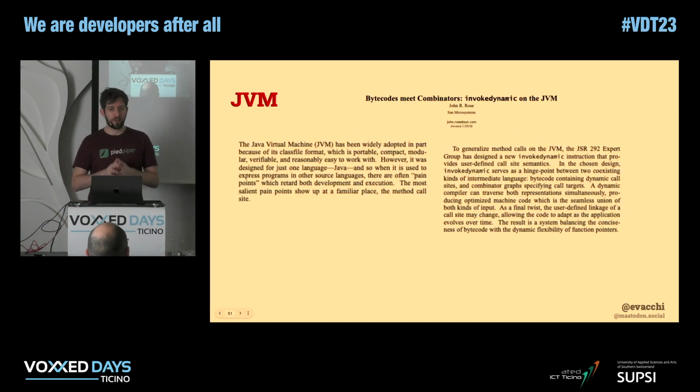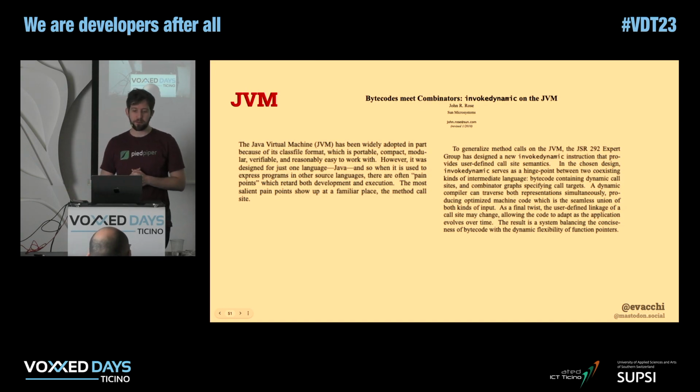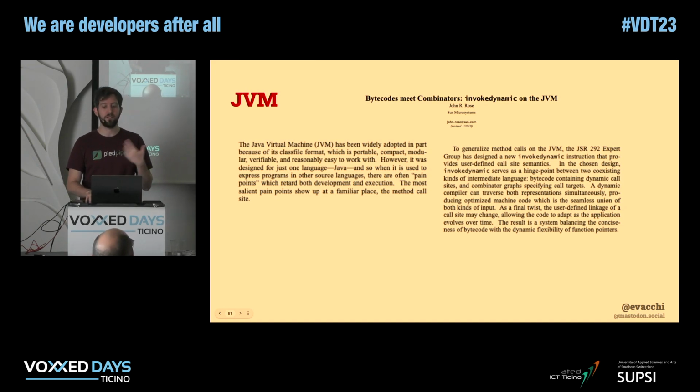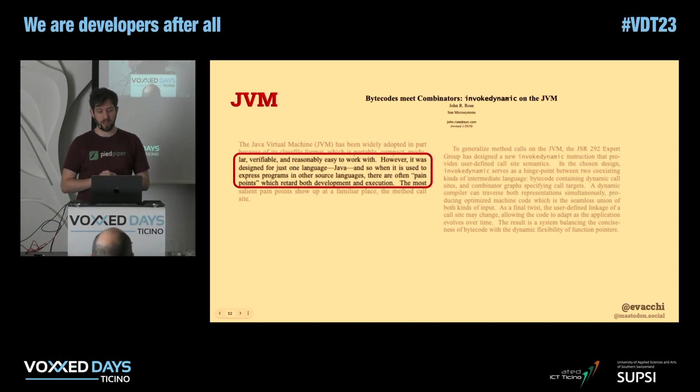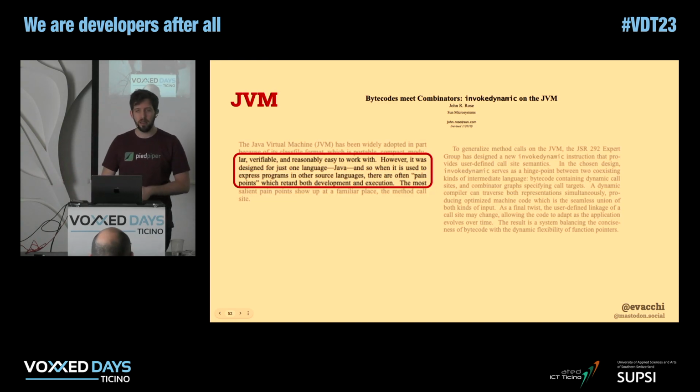And I have proof. This is a paper, Bytecodes Meet Combinators: invokedynamic on the JVM, by John Rose, and there's a specific line that I'm highlighting in the abstract that says the JVM was designed for just one language, Java. And so when it is used to express programs in other source languages, there are often pain points.